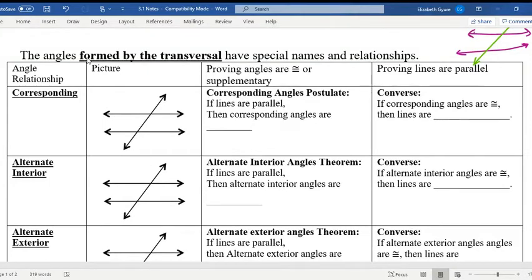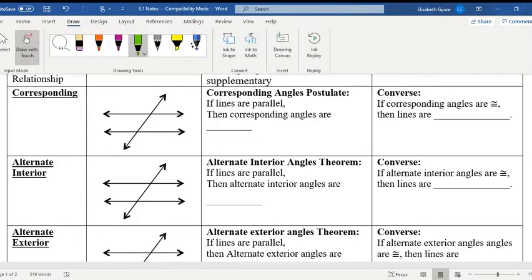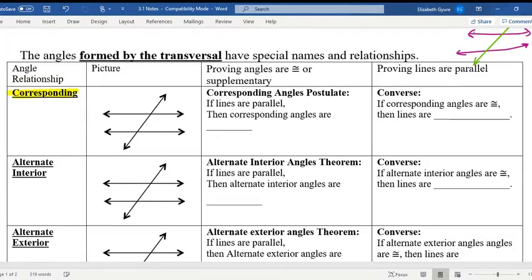They have special names and they have relationships and properties. So in our first column here, we have the names. Then we're going to take a look at a picture of what they would look like, and then some theorems that go with them. So our first type of angle, these are called corresponding angles.